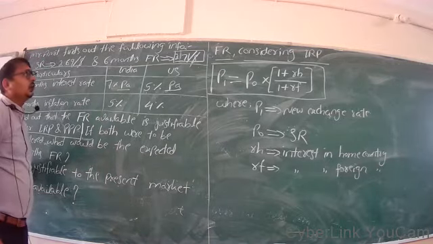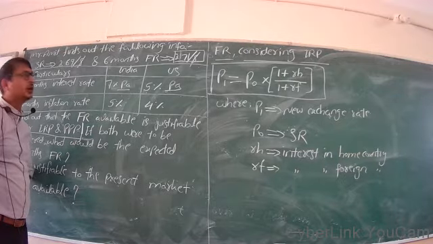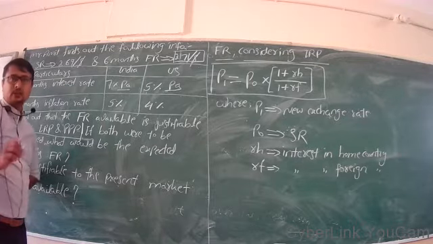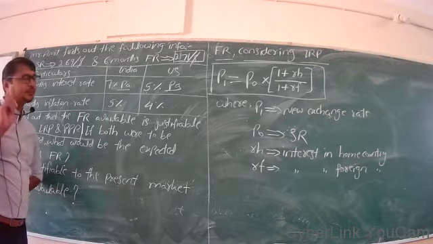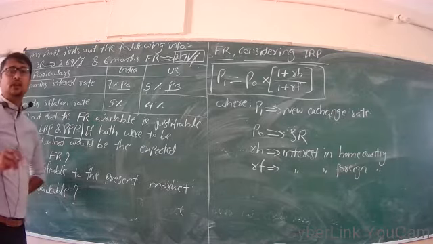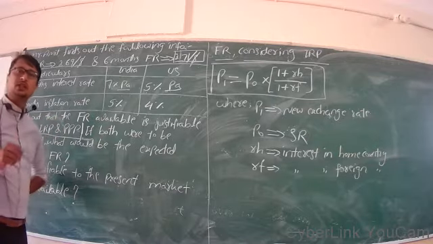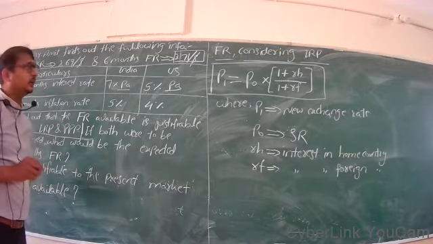The formula for interest rate parity theory is: new exchange rate, that is forward rate, is equal to old exchange rate or spot rate multiplied by 1 plus interest. See, purchasing power parity theory considers inflation. So after considering inflation in both countries, home country as well as foreign country, we calculate the new exchange rate or forward rate under purchasing power parity theory.